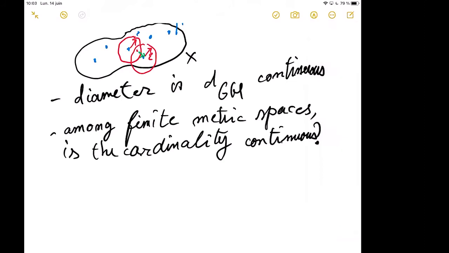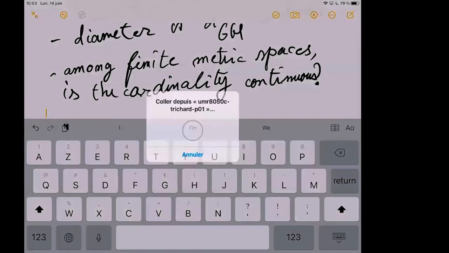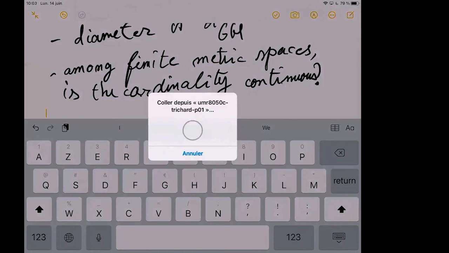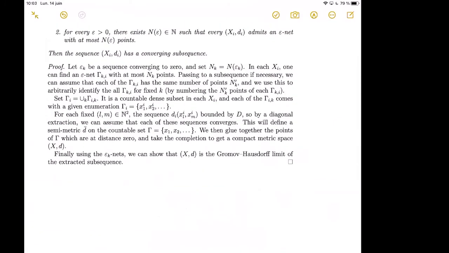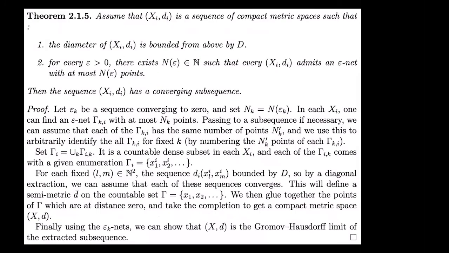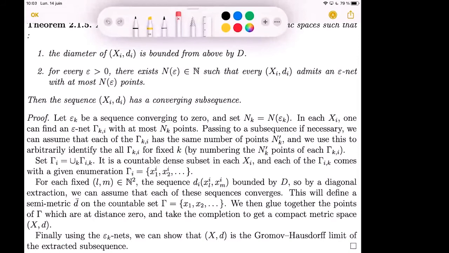So this is due to Gromov, and it is an application of this idea that we were talking about, of trying to get everything through compact sets, through finite sets.